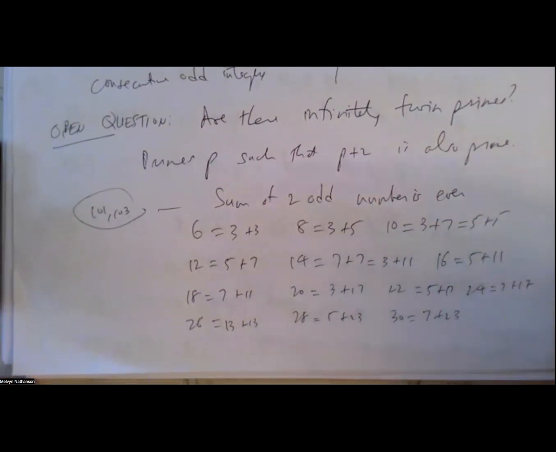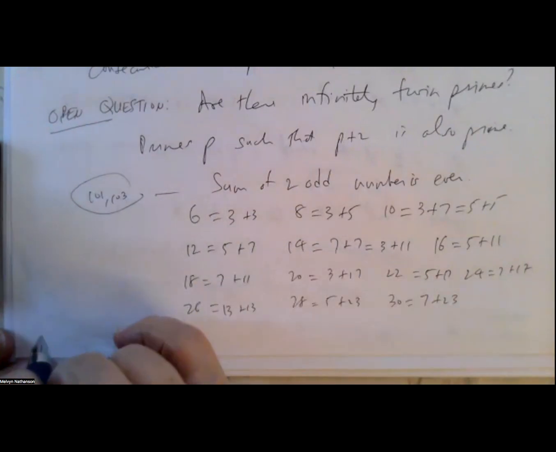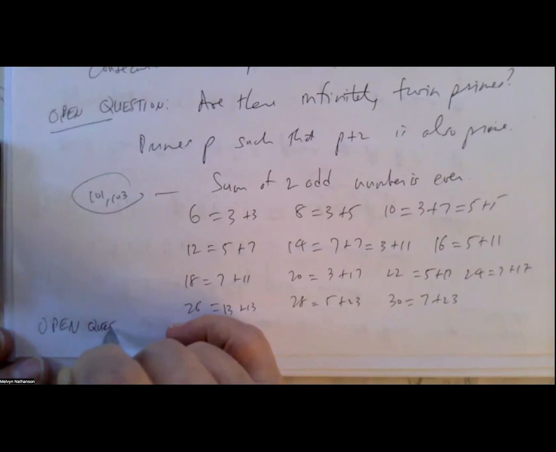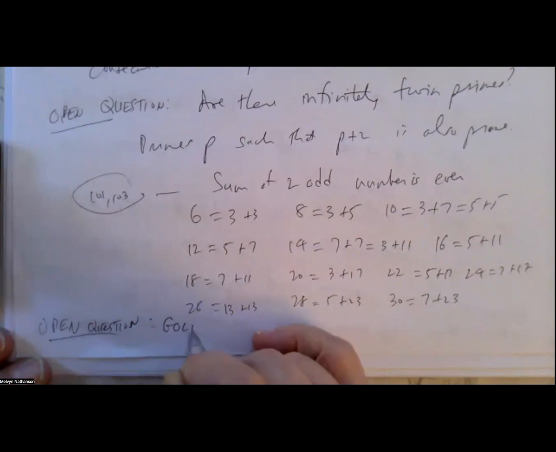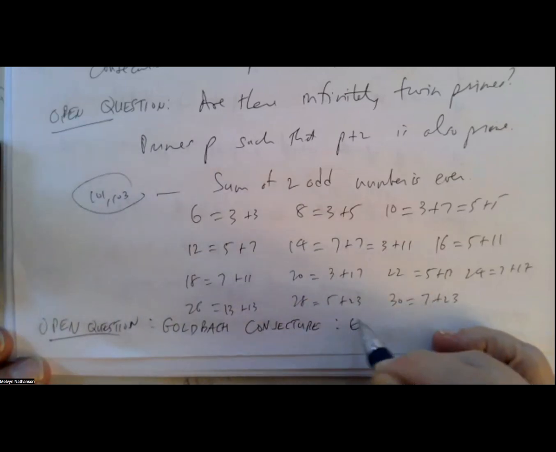So however far you look, and people have looked very far, they've always discovered some way, at least one way, to write an even number as a sum of two odd primes. But this is also another open problem in mathematics. It's called the Goldbach conjecture, after a mathematician named Goldbach who made this conjecture.